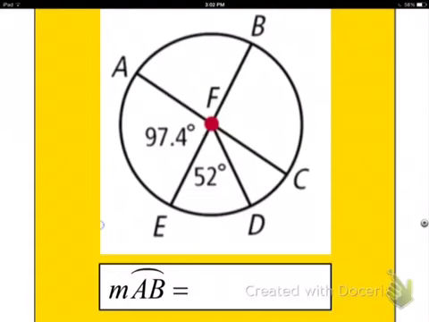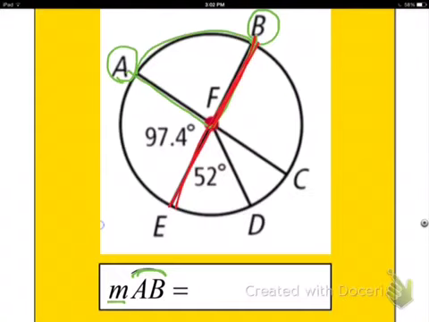On this question, it wants you to find the measure of arc AB. So I go the shortest route from A to B. That's formed by angle AFB. All right, there's not a number there, and it doesn't have a vertical angle. So what I need to do is use what I know from the last problem, that this right here was my semicircle.